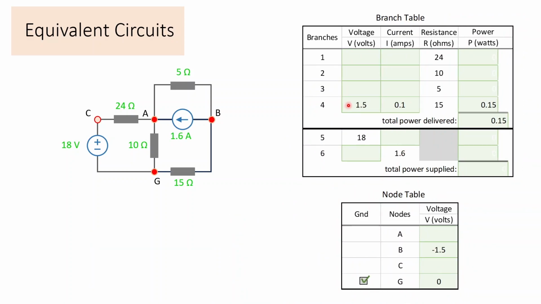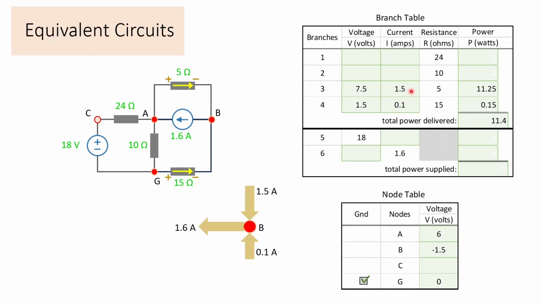We put that in the table, and we can continue, and one way to go here is to just focus on junction B. With the junction rule, we realize that we have 0.1 amps coming up to B from G through the 15 ohms. 1.6 amps is leaving to A, and that must mean then that the difference, 1.5 amps, must be coming down to B through the 5 ohms.